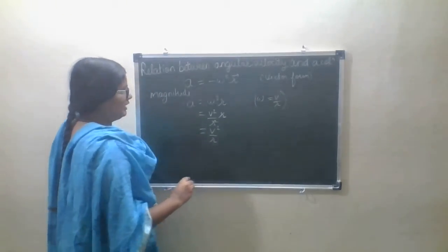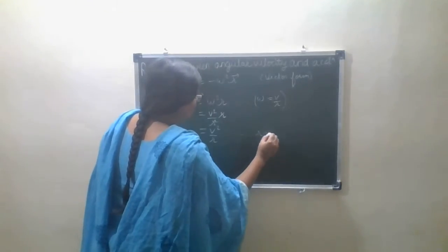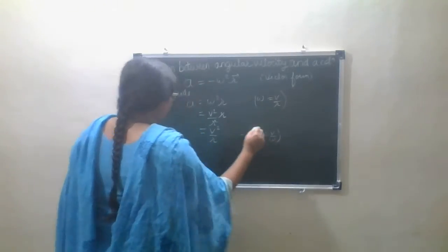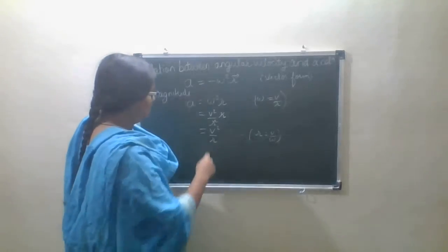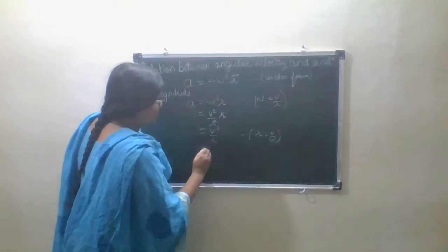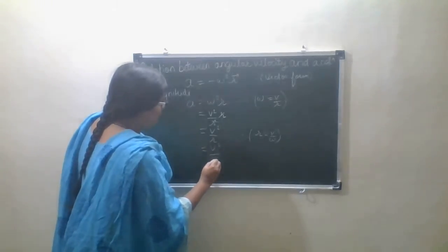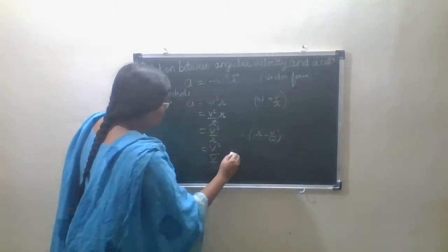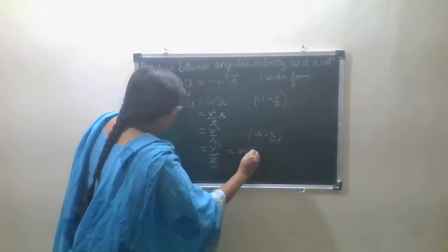Again we know the relation r is equal to v upon omega. Now we will substitute the value of r in this equation: v square upon v upon omega, which further becomes v omega.